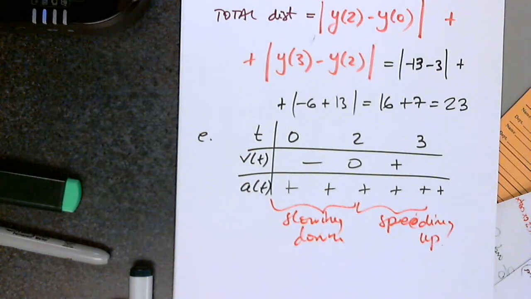So this is always positive. So when the velocity between 0 and 2 is negative and the acceleration is positive, the particle is slowing down. When they are both positive, both above the x-axis, between 2 and 3, I see the velocity above the x-axis and the acceleration above the x-axis. They work together, so the particle is speeding up. Any questions on this problem?